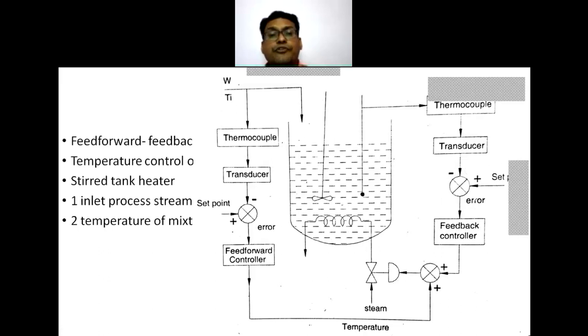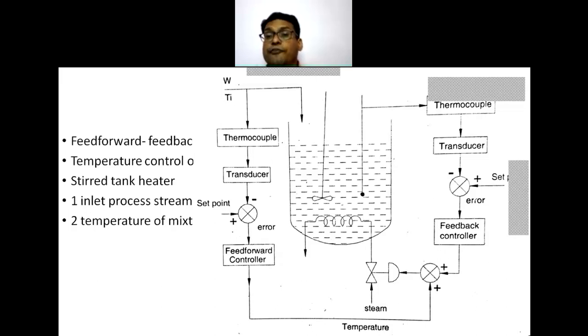Now next is feed forward, feedback temperature control of a stirred tank heater. Till now we have discussed feedback only.